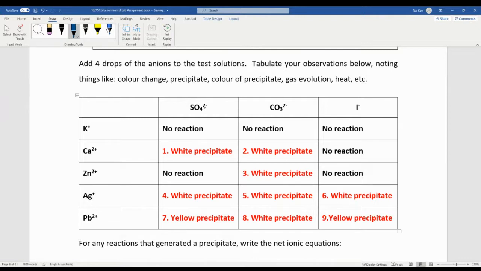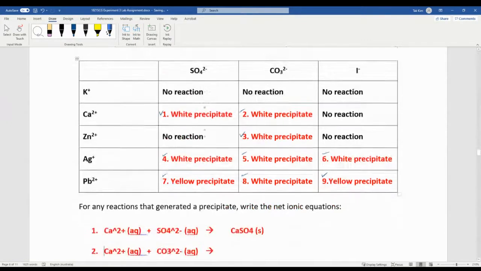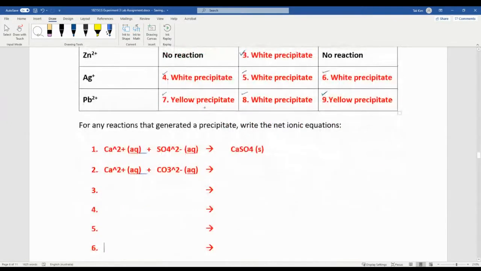The ones in red are all created precipitate, which means the mixture of these ions is making a solid compound. That is why you need to write the ion equation. For example, the one in red, number 1.